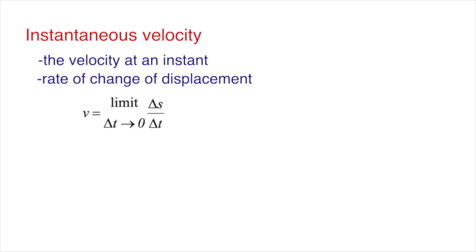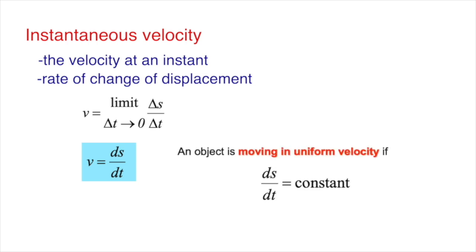It is obtained by shrinking the time interval so that delta t is very close to zero. Therefore, the instantaneous velocity is v equal to ds per dt. For an object moving in uniform velocity, ds per dt is constant.